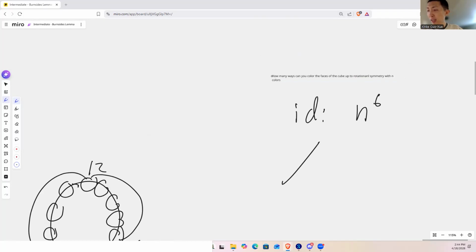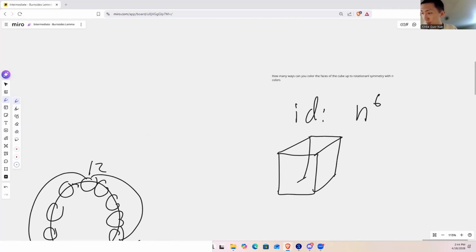For rotations about the space diagonal, the front, the left, and the bottom are the same, and right, top, back are the same. So that's two classes, so n squared, and there's eight of these.